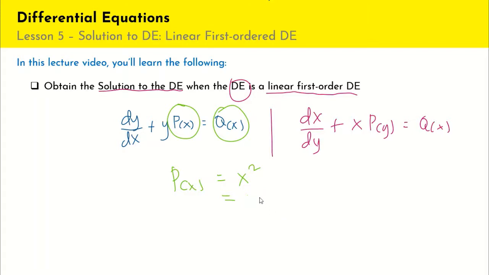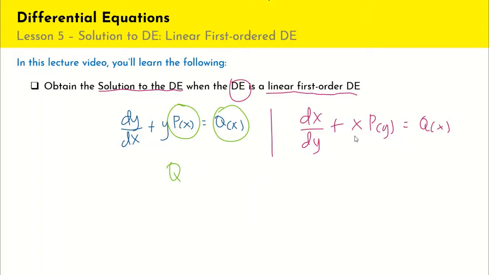The same goes for Q(x); it is also going to be the same: x squared plus 2, or x cubed plus x plus 1. Basically, P(x) and Q(x) are any expression that contains the x variable.